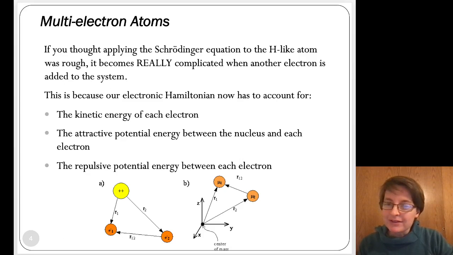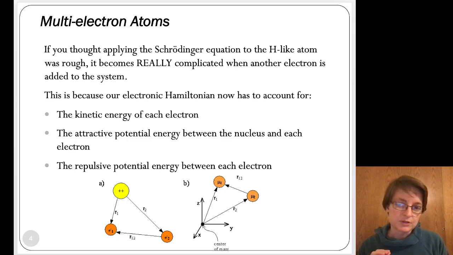And now, if you thought that applying the Schrödinger equation to hydrogen-like atoms was rough, it becomes even more complicated when another electron is added to the system. That's because our electronic Hamiltonian now has to account for all terms that relate to the kinetic energy of the electrons and the nuclei.